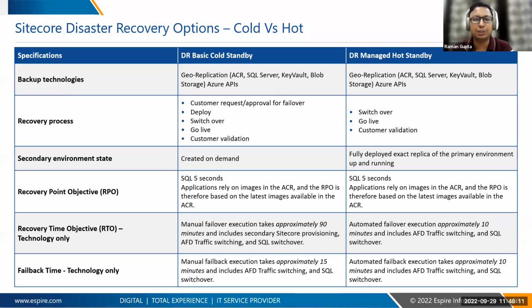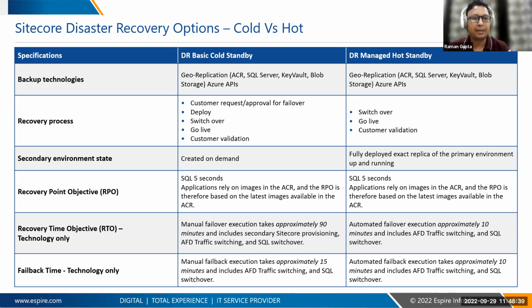To decide which recovery option matches your requirement, use the table on the screen. You can consider how quickly your site needs to be back online in the event of an outage, what recovery point you want, and what recovery time objective you want. Based on all these criteria, you can decide which service and offering you want to go for.